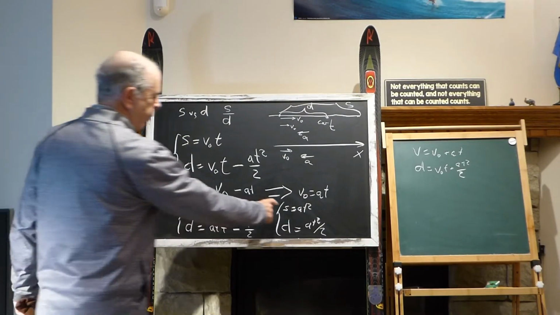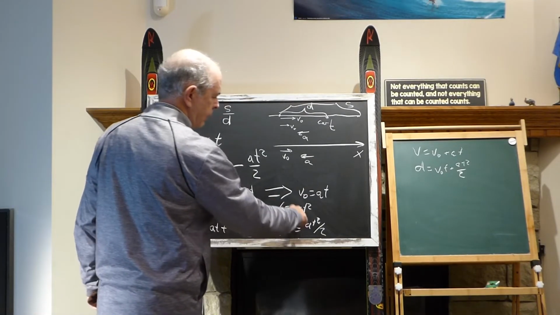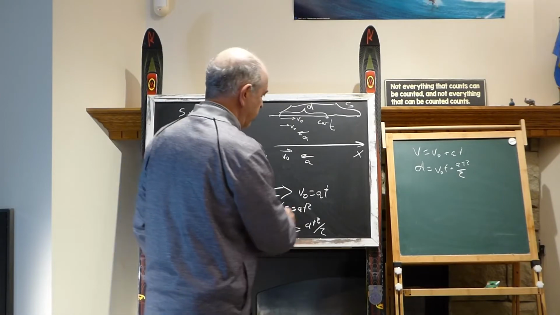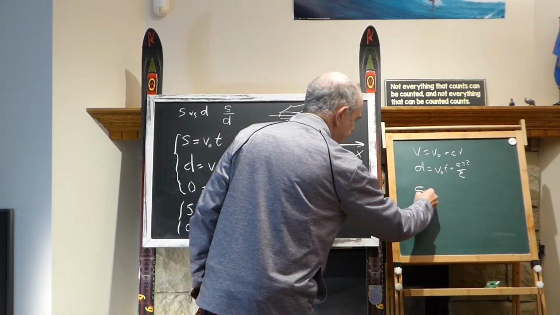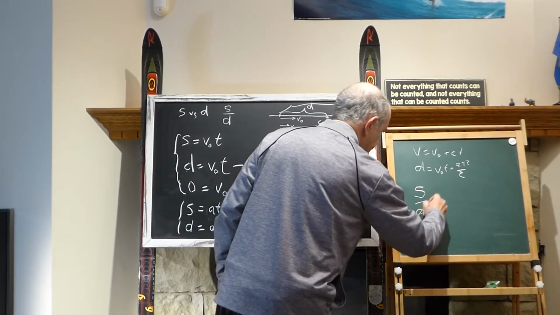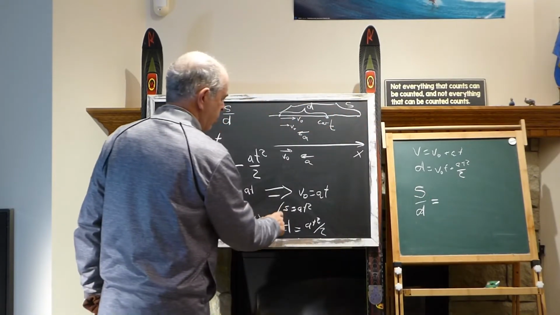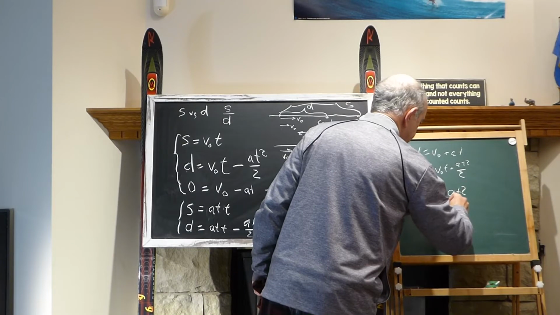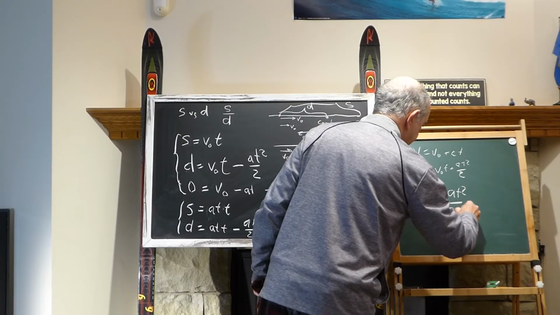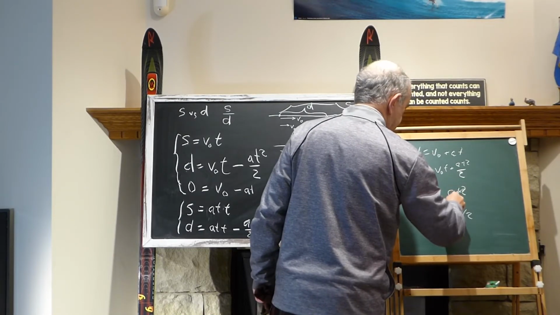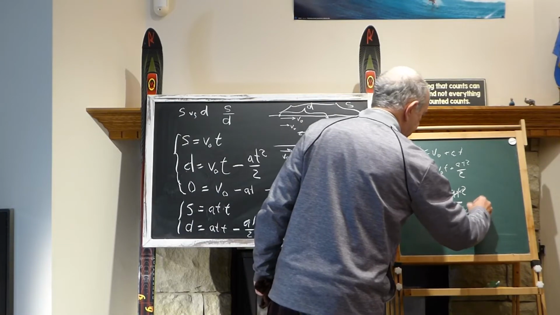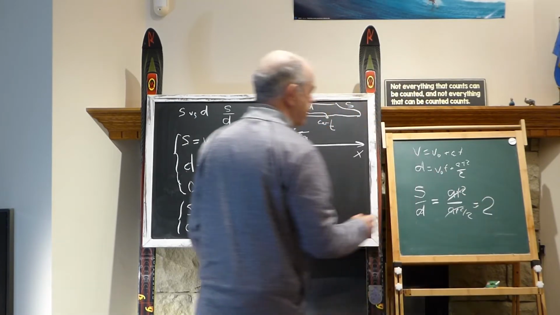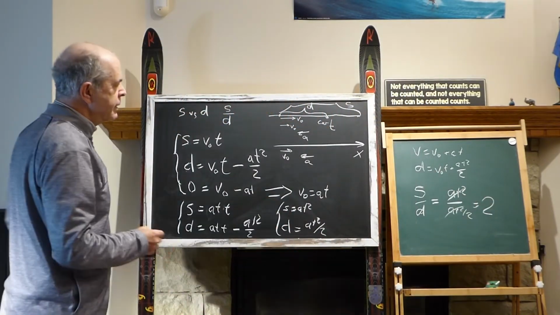We can actually divide this over this, and a lot of things will go away. So let's divide. S over D, and this would be AT squared divided by AT squared over 2. This is gone, and this becomes 2. So S over D becomes 2.